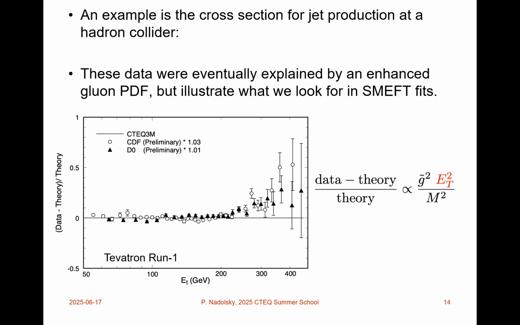The models for the gluon PDF that existed at the time predicted a rise until the Tevatron data was put in. When the Tevatron data was put in, the gluon PDF went up at large ET. And then the next generation of predictions actually went quite well through this data without any new physics.